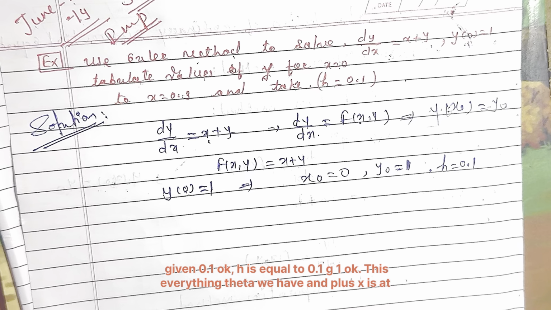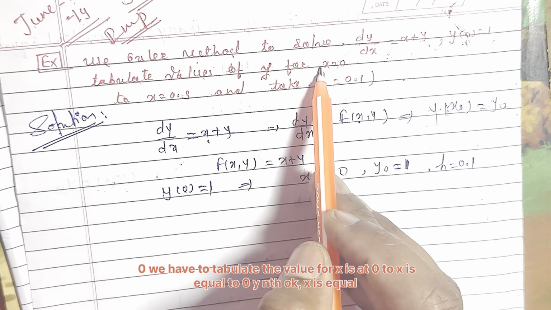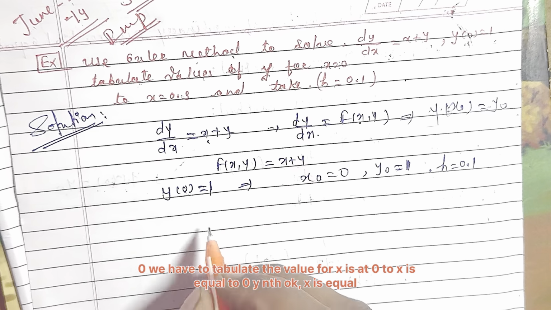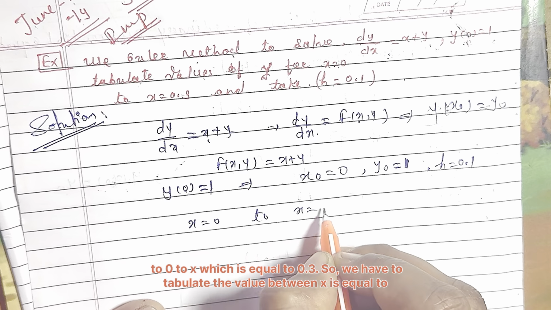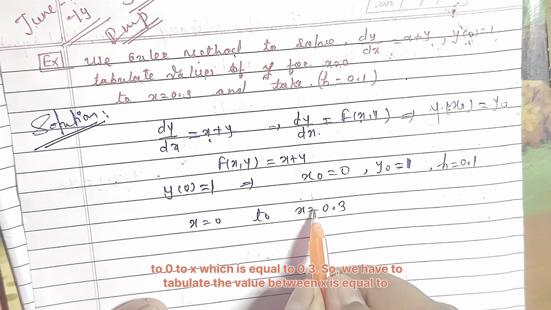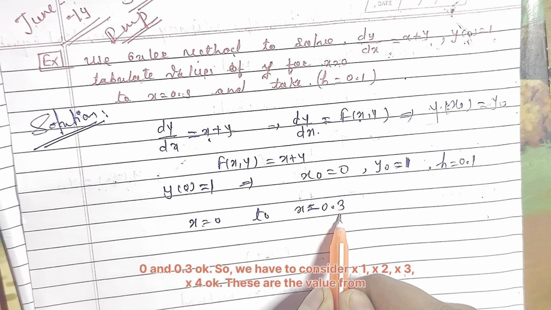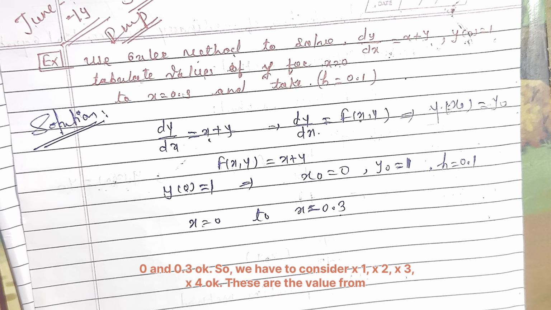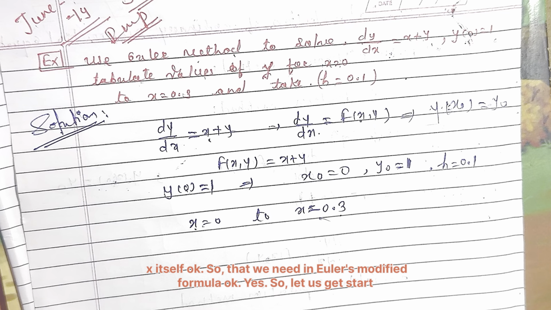This is all the data we have. We have to tabulate the values for x from 0 to x equal to 0.3, so we have to consider x1, x2, x3, which we need in Euler's modified formula.